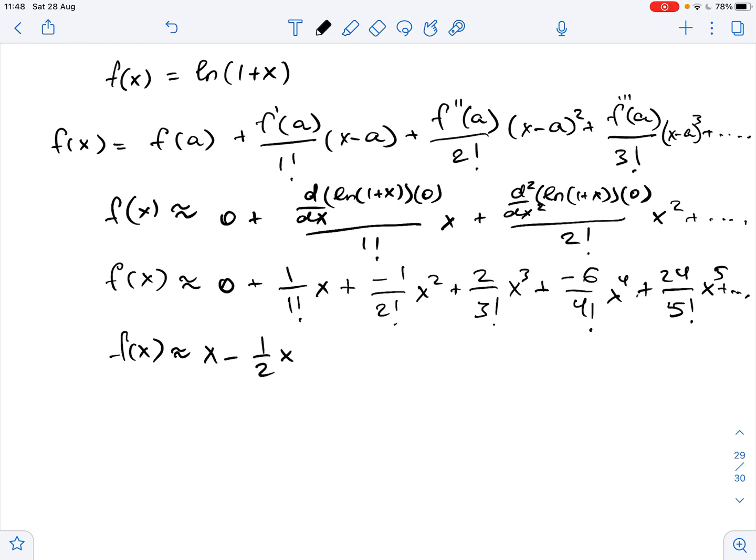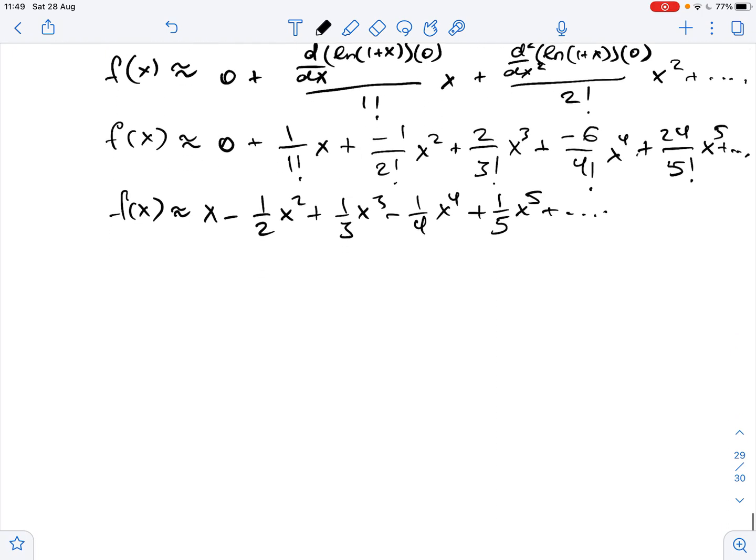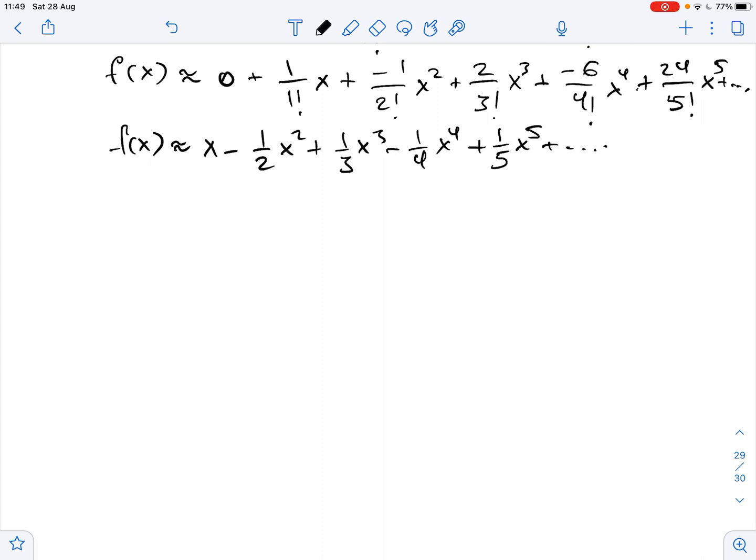Then f of x equals x minus 1 over 2 x squared plus 1 over 3 x cubed minus 1 over 4 x to the fourth power plus 1 over 5 x to the fifth power, and so on.